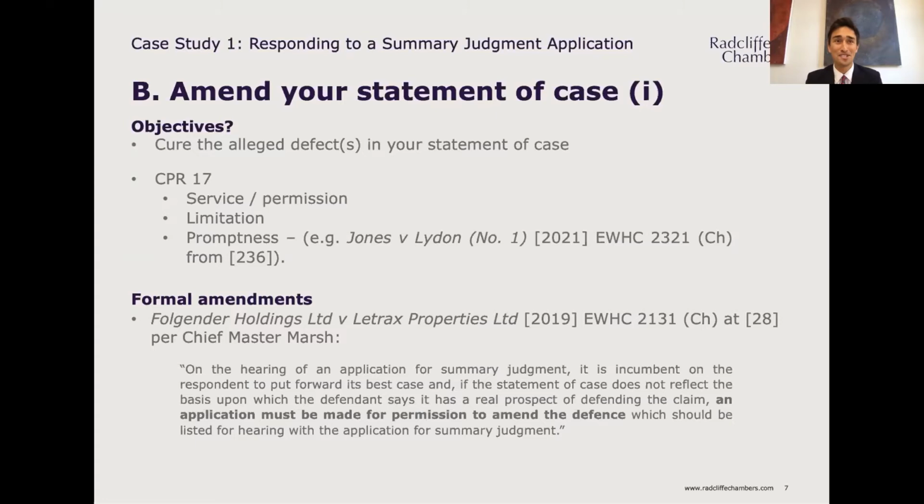What the applicant is essentially saying is that what you've done so far does not disclose a position with a real prospect of success. Now, it may be that you take a look at your statement of case and think, well, they perhaps have a point there. So what do you do next?